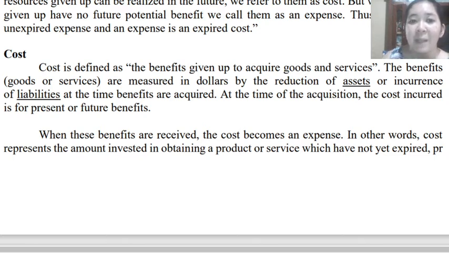At the time the benefits are received, at the time of acquisition, the cost incurred is for a present or future benefit. But the main idea here is that you should always look into whether this acquisition will give a benefit in the future or in the present period.